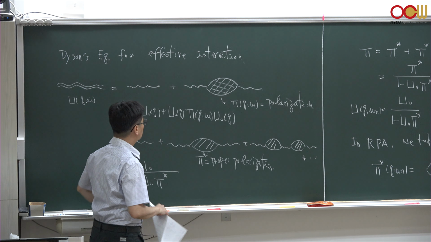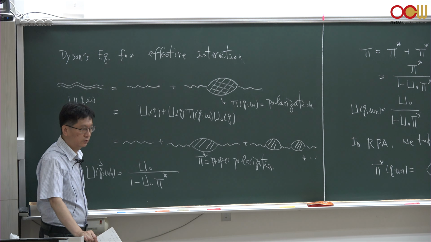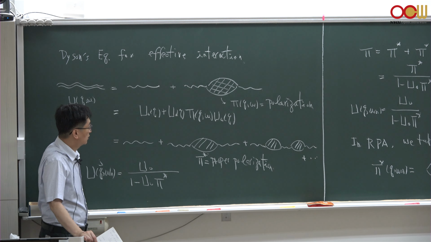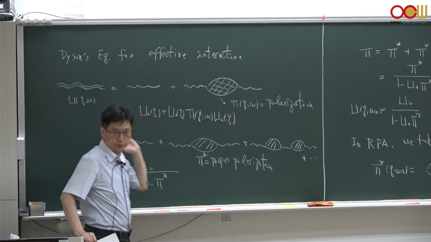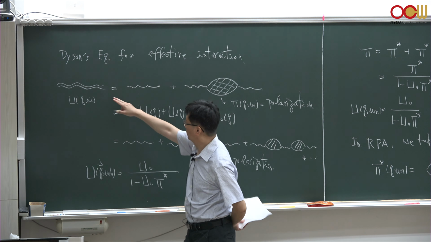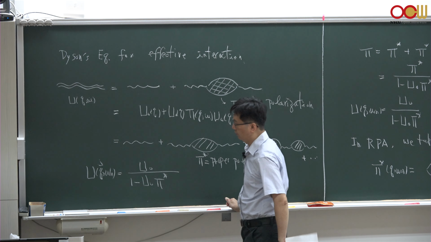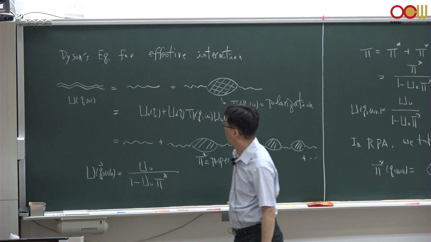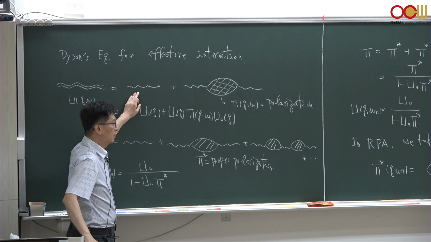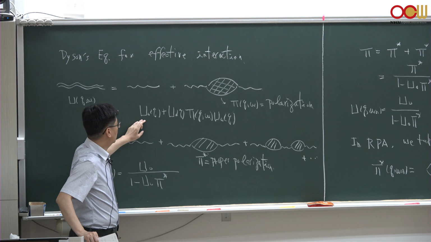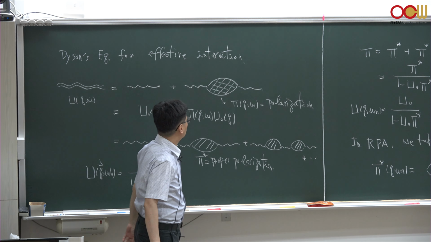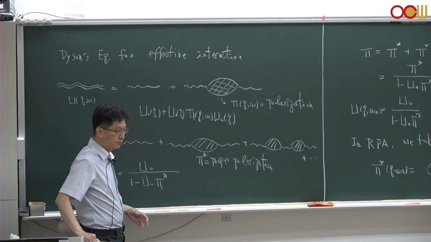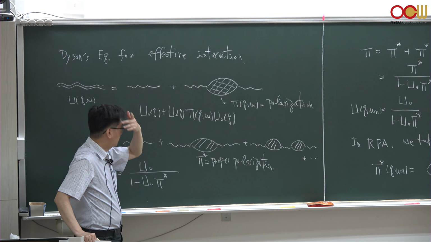Okay, so let's continue writing down equivalent expressions for this vacuum polarization. As we defined already, this double wavy line stands for the effective Coulomb potential in Q and omega space, which is given by a single wavy line, the bare propagator U0, plus a double shaded vacuum polarization bubble, which represents the sum of all these bubble diagrams.